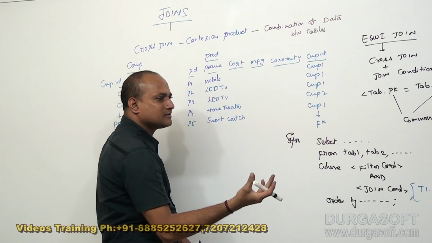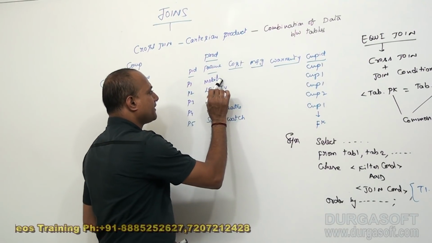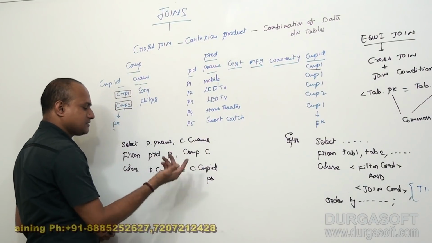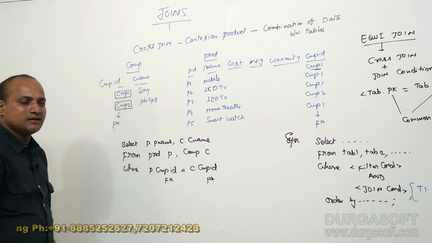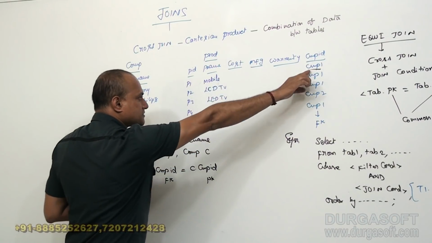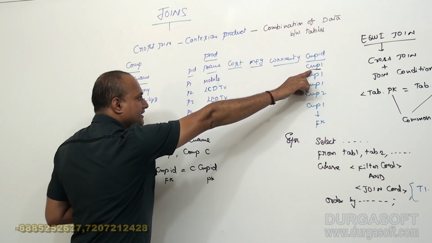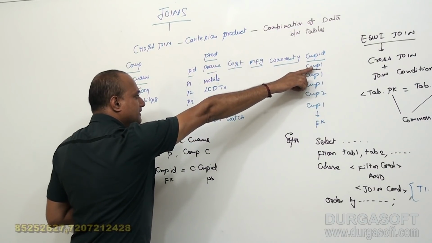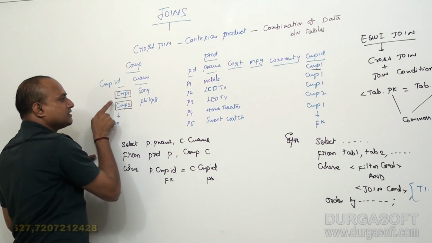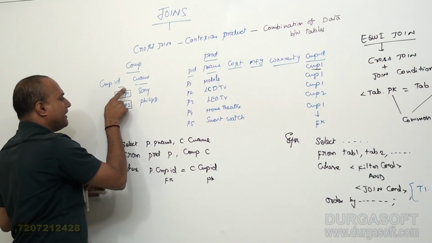Then manually, what are your steps? You can verify what is the company. You are having common columns. So then what is happening internally? Go to product table. Take the first product company ID. That company ID is verified with the company table: CMP1 equal to CMP1, matched.